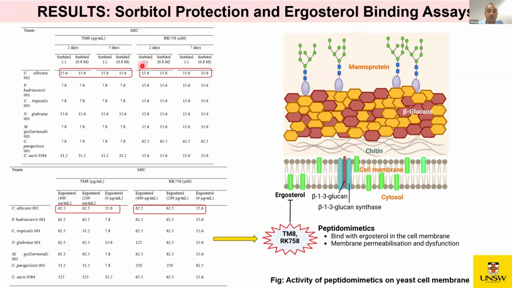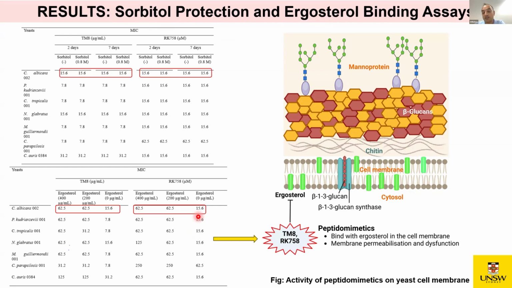That means sorbitol is not acting as an osmoprotectant, so the compound is probably not acting on the cell wall. However, when ergosterol was added exogenously, the MIC increased 4-fold in all the cases, which means the compound is binding with exogenous ergosterol, showing its affinity to ergosterol.